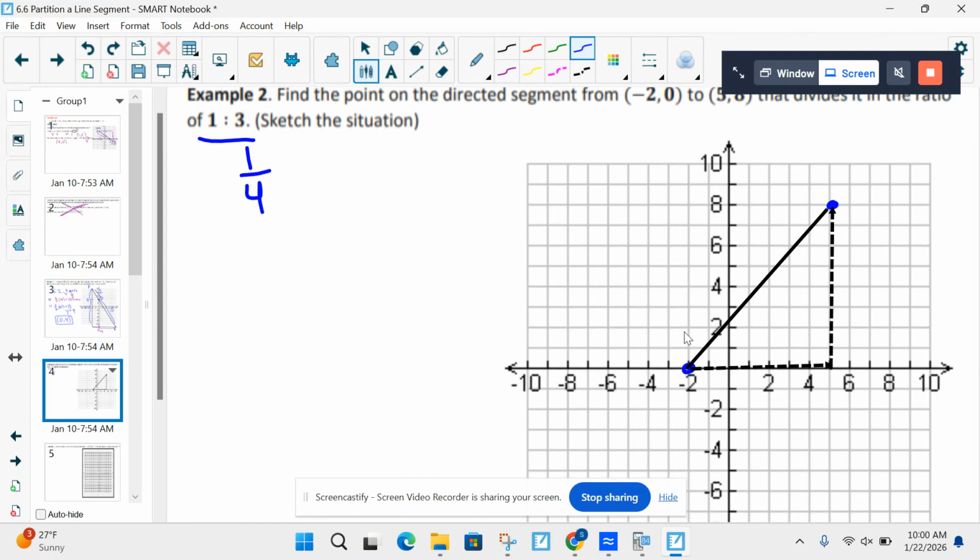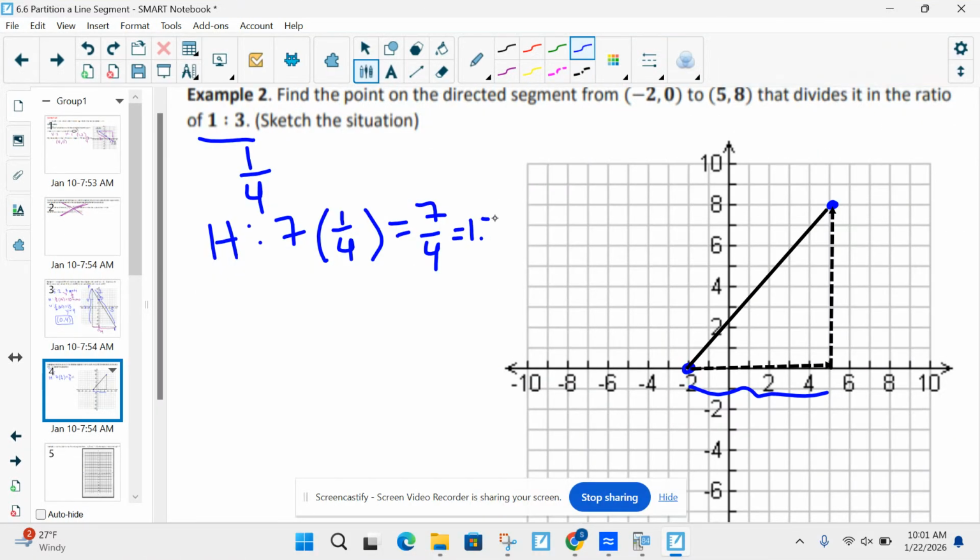So that means if I look at the horizontal distance between the 2 points, that is 1, 2, 3, 4, 5, 6, 7. Is that 7? Oh gosh. Okay, it's 7. So I'm going to take 1/4 of 7, which is 7/4. 7/4 is 1.75.